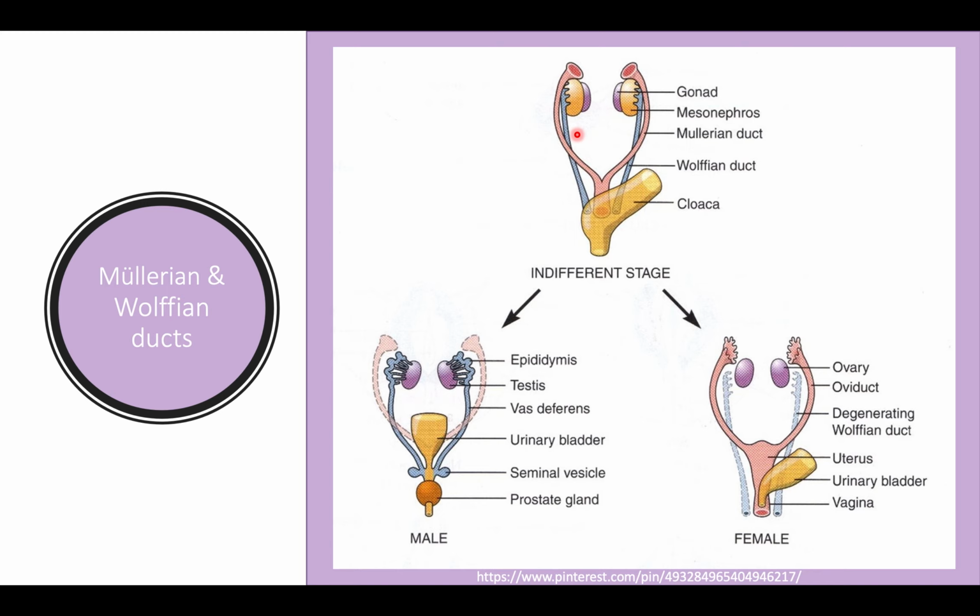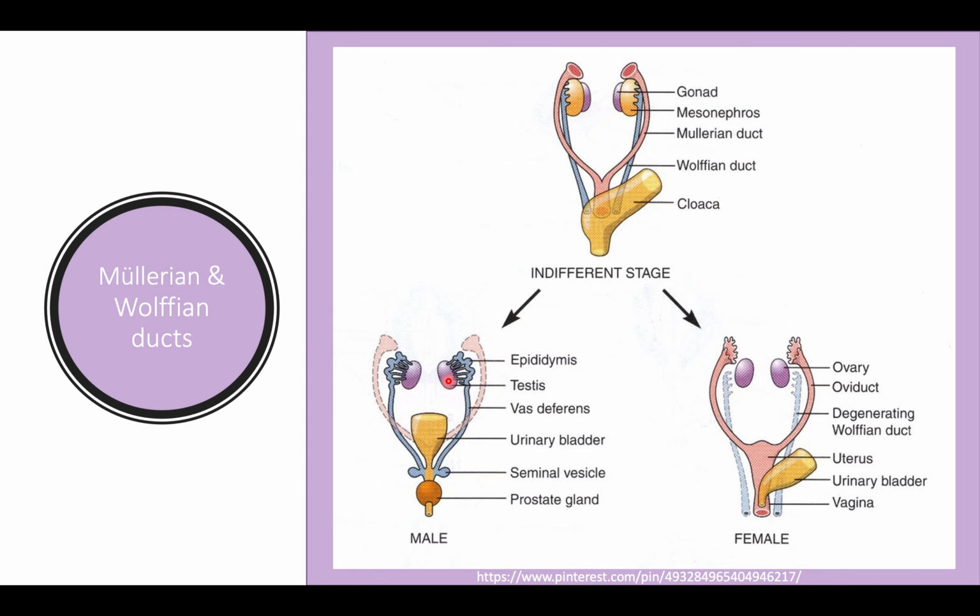Furthermore, the SRY gene is associated with the release of another hormone called anti-Mullerian hormone, or AMH. We have also described it as the Mullerian inhibitory hormone or substance, and this is going to cause the degeneration of the Mullerian duct, which we can see in this part of the figure right here, where we have a developing male.